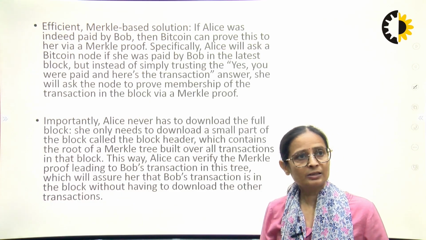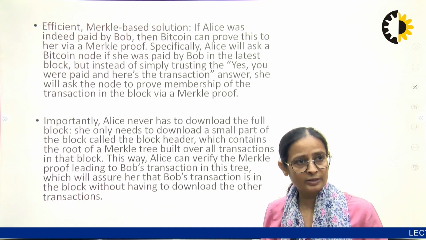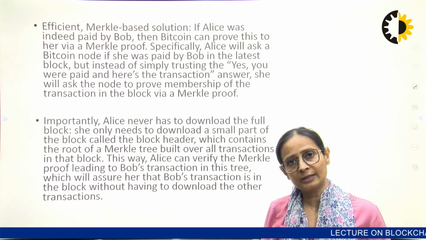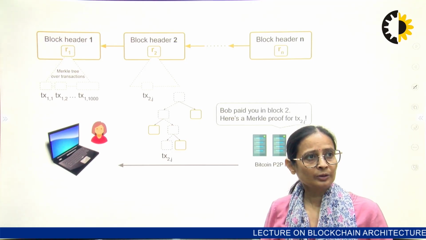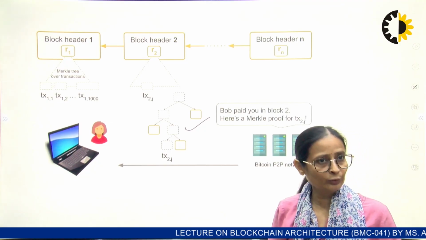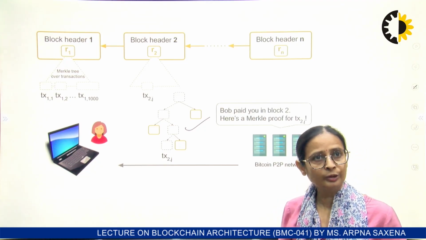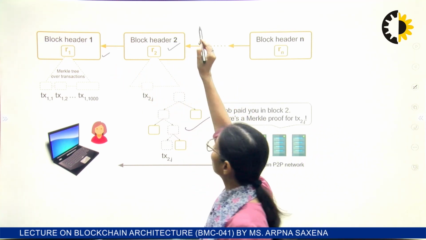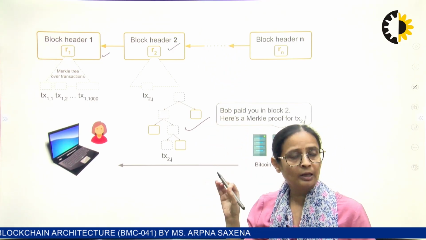Also, Alice never has to download the full block. She only needs to download a small part of the block, which is called the block header, which contains the Merkle root. So in this case, she will get this Merkle proof, and with the help of this, she will generate the Merkle root, and in one of the blocks, she will match it with the header Merkle root, which has been stored in different block headers.